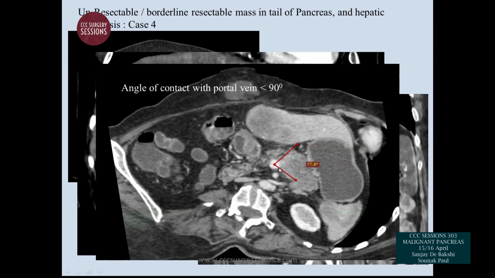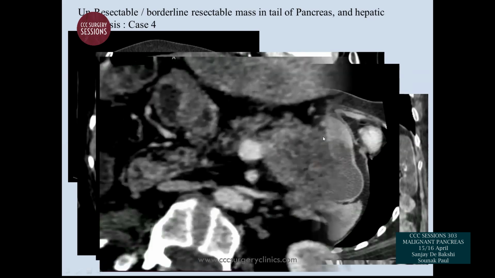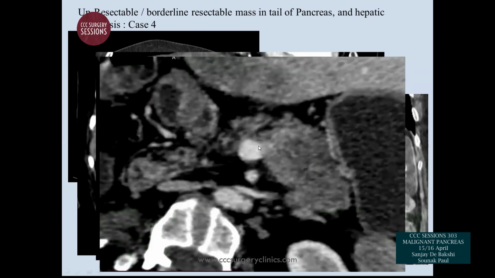The contact with the extrahepatic portal vein is of less than 90 degrees, and there is indentation of the left lateral margin of the portal vein with a teardrop deformity. We can see that there are 2 horns on either side of the portal vein which are opacified, and there is an indentation at the center. This is a teardrop deformity of the portal vein that suggests involvement of the venous wall.